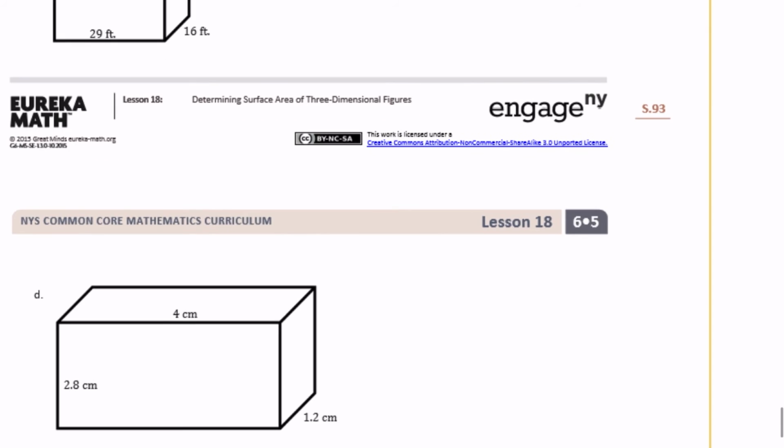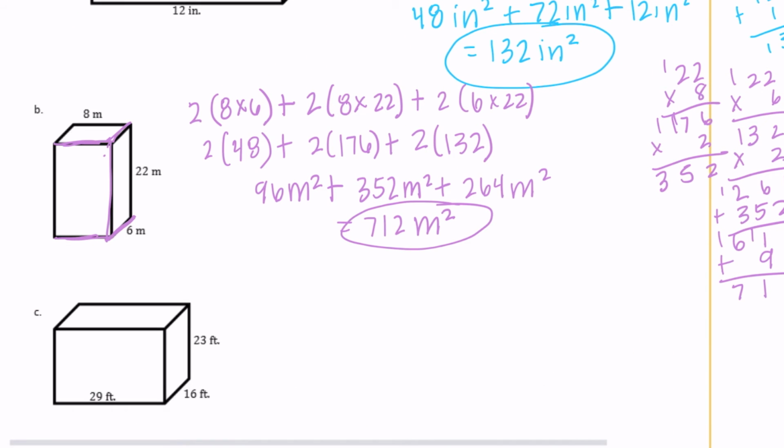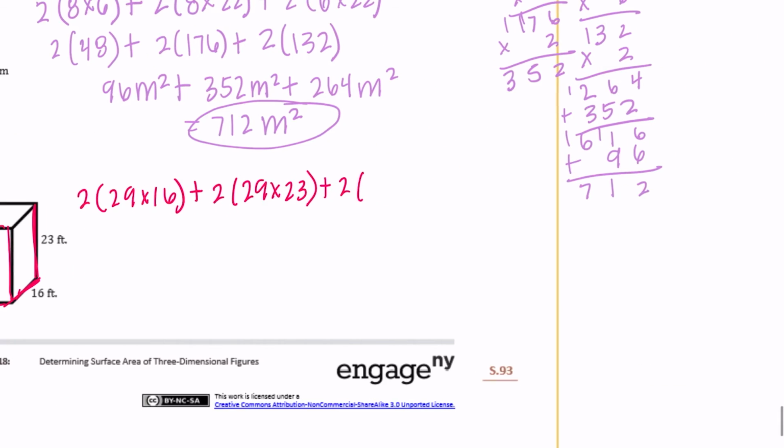Okay, C. So let's do the bases first, top and bottom bases. Two groups of 29 by 16, plus two groups of, now let's do the front and back faces, 29 by 23, plus two groups of the sides, 16 by 23.